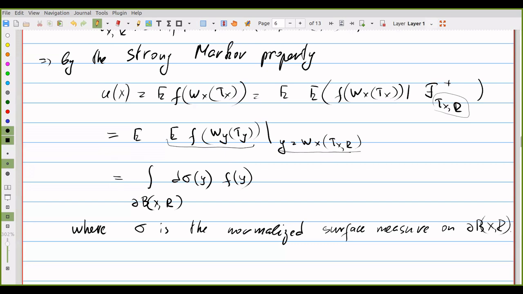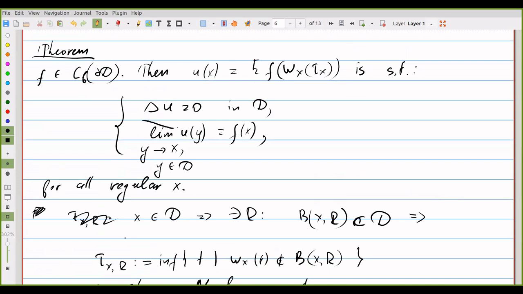Now, such functions are the functions that satisfy, sorry, it's u of y. This is u of y. And we integrate u of y with respect to this. And functions that satisfy this so-called mean sphere property are known automatically to be harmonic. That is, to satisfy this condition. This is a standard fact. I'm not going to prove it, but again, in the case of the Wiener process, you can prove it by hand.